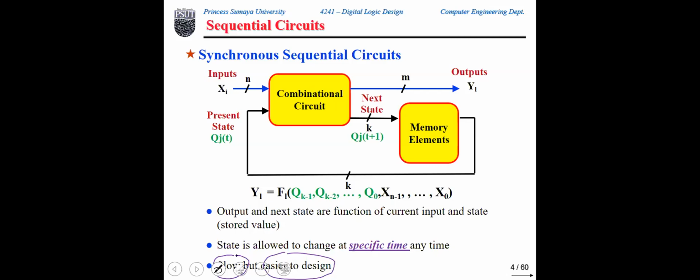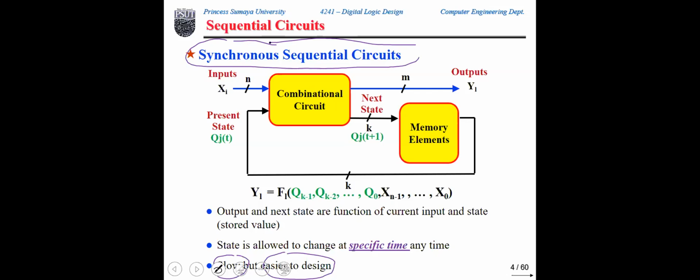All right, so this is the type of sequential circuits that we are interested in this chapter. That's why the title of the chapter, if you go back to the beginning, is Synchronous Sequential Logic or Synchronous Sequential Circuits. We will focus on synchronous circuits only.